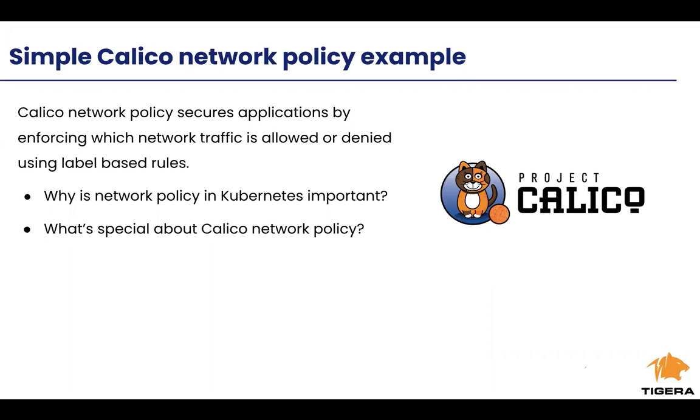And with Calico Enterprise, there are some additional features like policy tiering. If you're working with multiple teams, say a platform team and a security team, they can create a tier that gives them first say on policy enforcement in your cluster, and then delegate responsibility to development teams and allow them to manage the network policy for their microservices, with the knowledge that the platform team and the security team have made sure we're not going to put the availability of the cluster at risk.